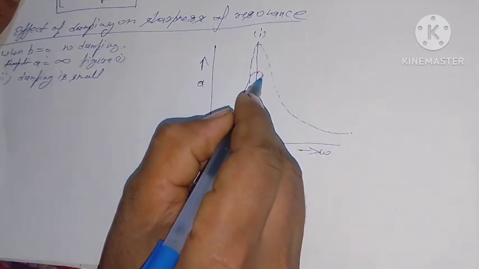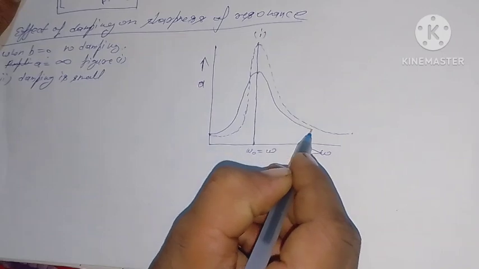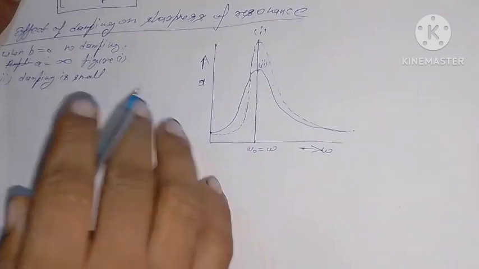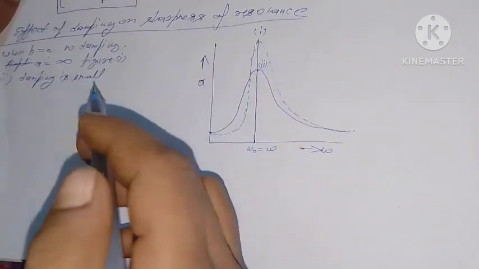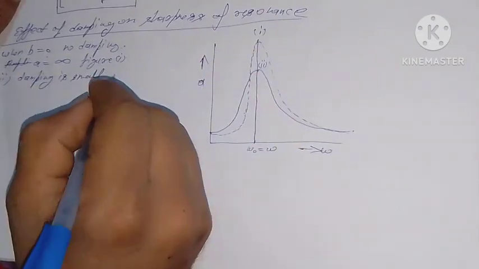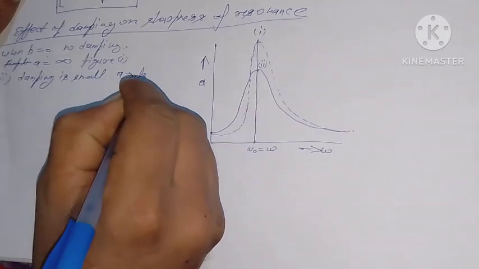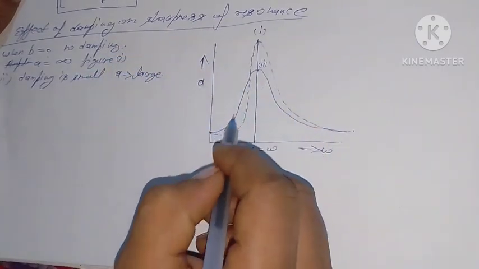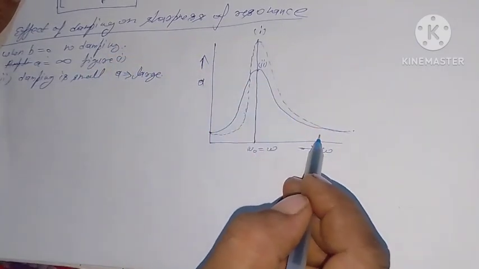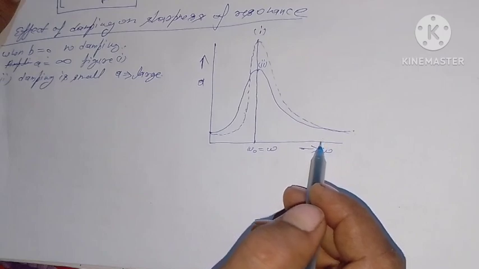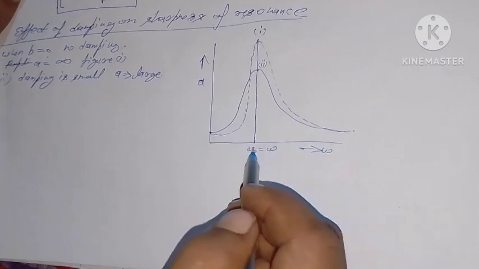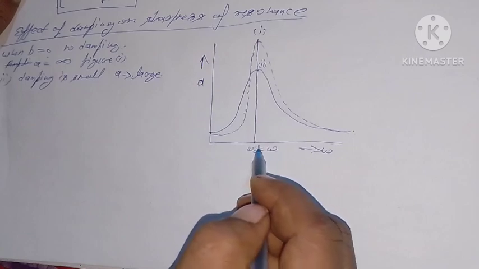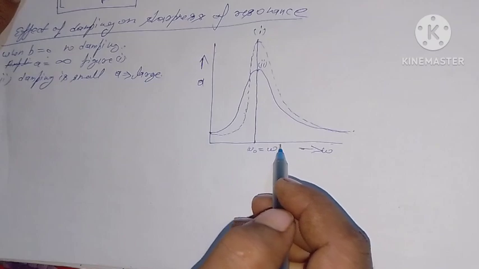this is the second curve. When the damping is small, the amplitude is sufficiently large but falls off rapidly as the frequency of the applied force becomes slightly different from the natural frequency.